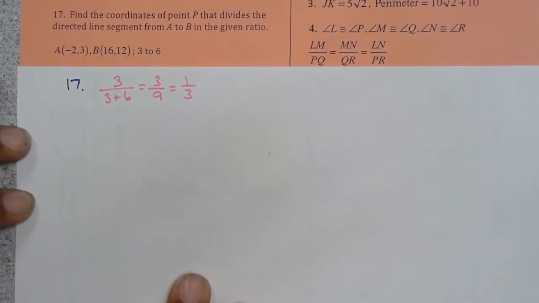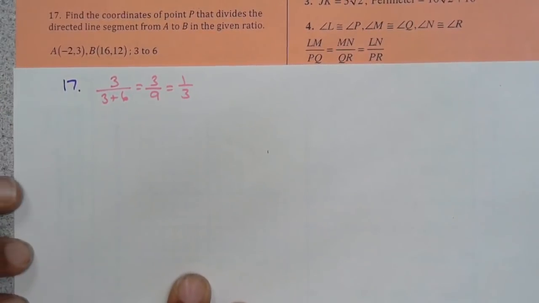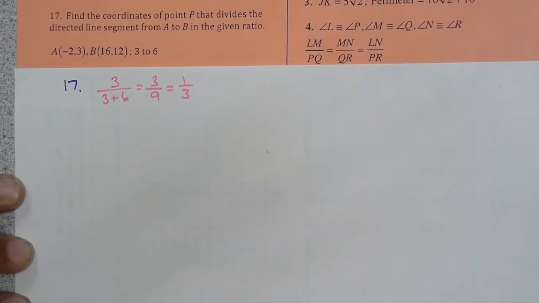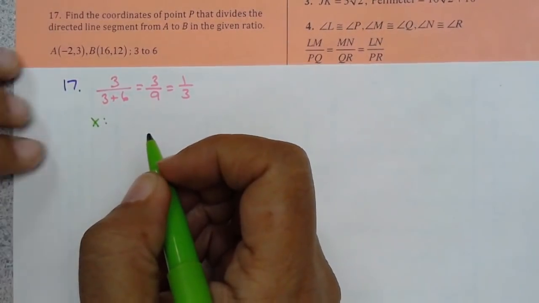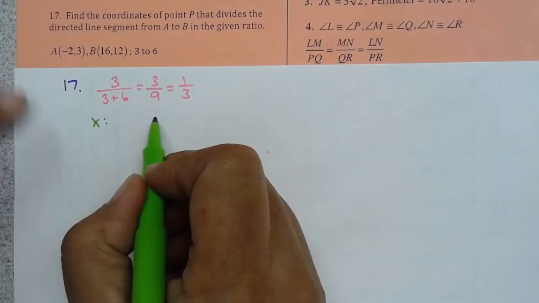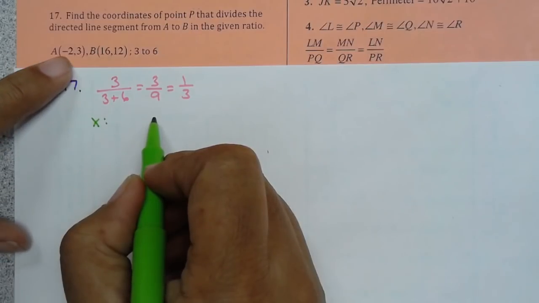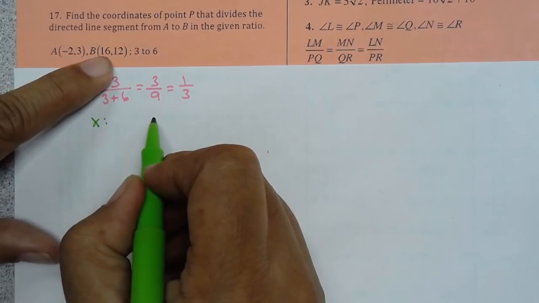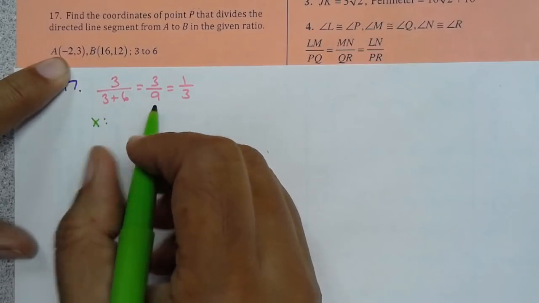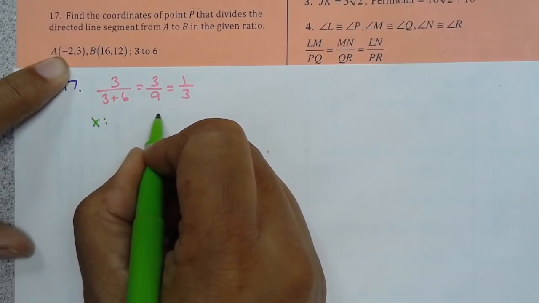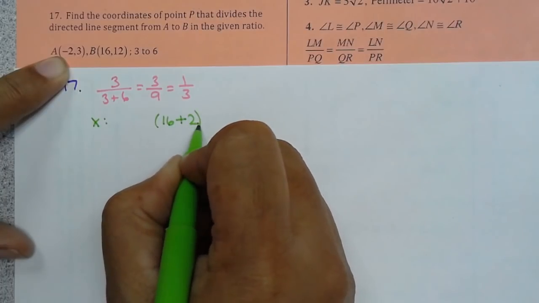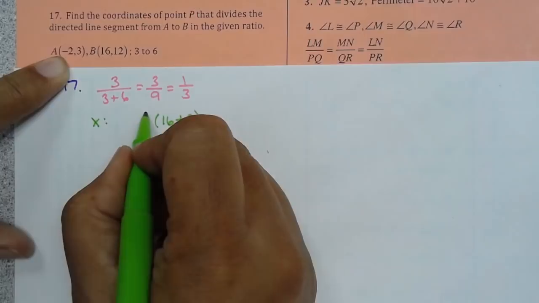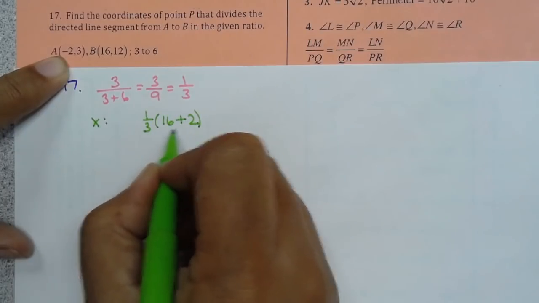All right, so let's go ahead and do that. So first of all, I'm going to use my x value so I can solve for what the x value is going to be. Well, first of all, let's figure out the distance for the x's. So I'm going to take 16 and subtract the -2. So 16 minus a negative is adding, and I'm going to take a third of this, so I'm going to multiply it by 1/3 to see how much I have left.